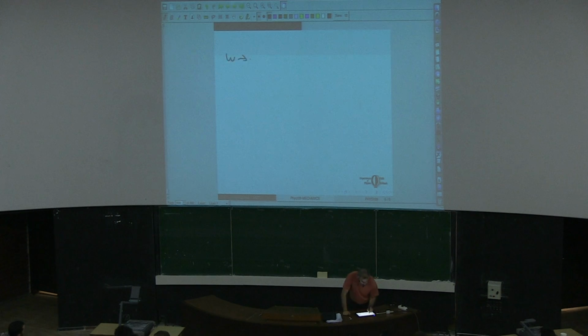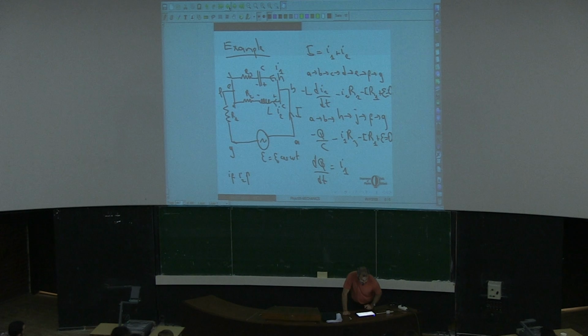When omega goes to infinity, I2 will be 0. But that means I1 will be equal to I. When omega is very large, the inductor just behaves as if it is an open circuit. So there's no I2. If I2 is 0, capital I and I1 are equal.